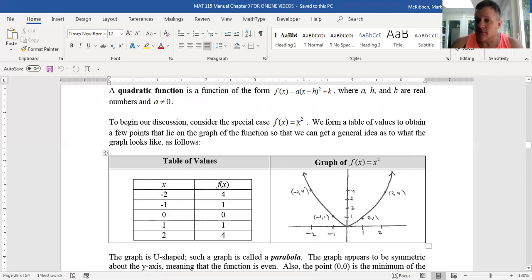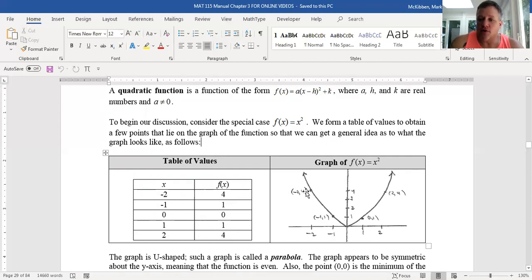Those are all in the domain; there's no number that you can't square, so the domain is all reals. If you square each one of these, you get these outputs, and if you plot the ordered pairs that correspond to the rows of the table, you get these 5 points that I have here.